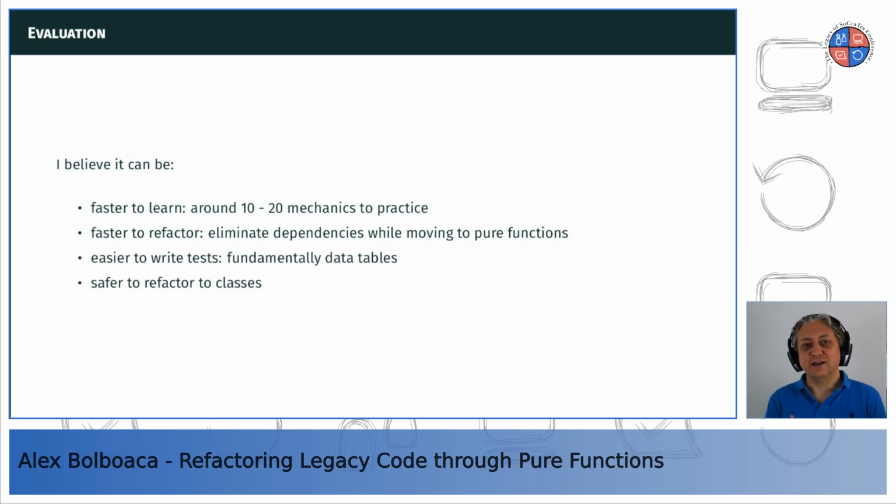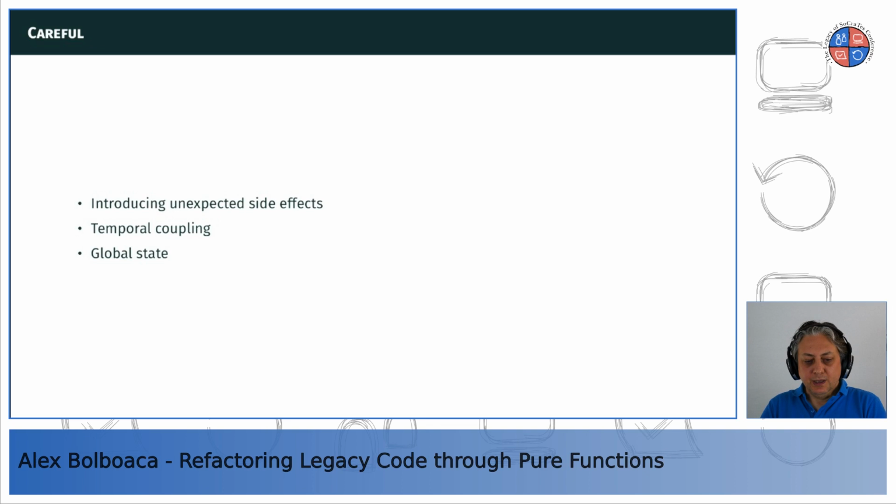It's awfully hard whenever you have complex legacy code. Usually writing the first test can take hours or even days. I've been through that. In this case, I can start immediately and then write tests that are very, very easy. And later, it's safe to refactor to classes.